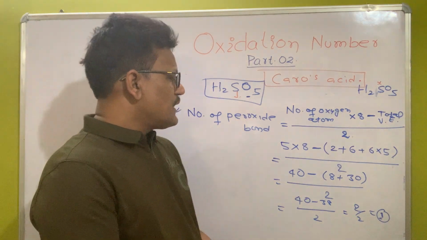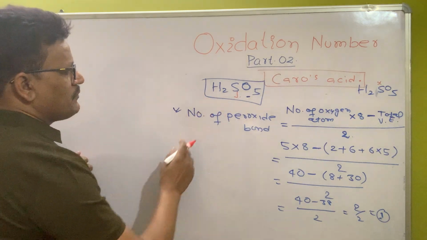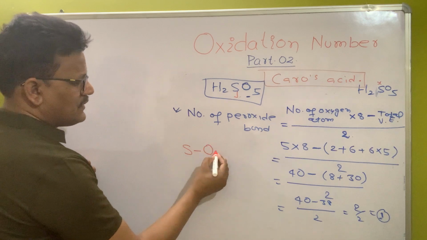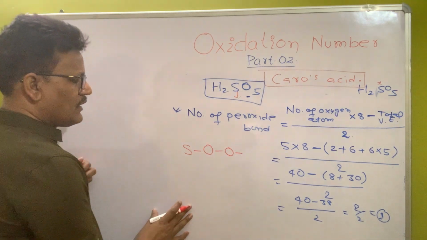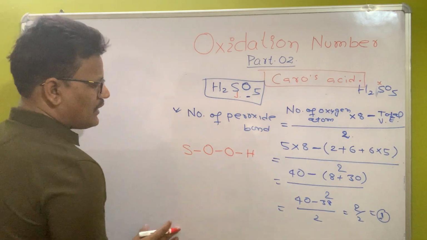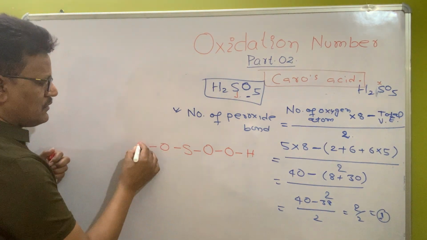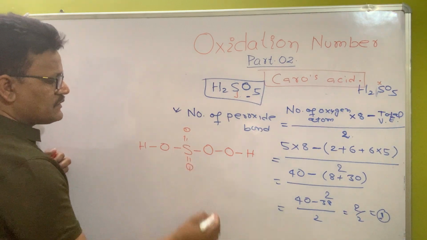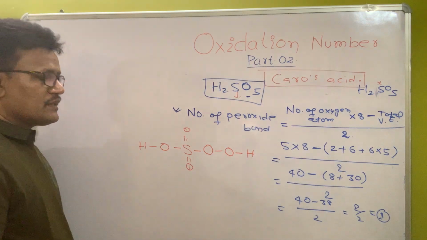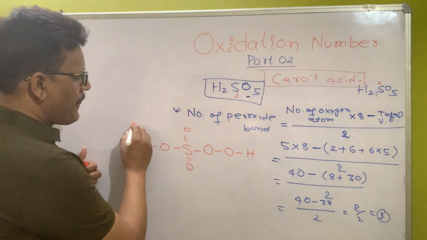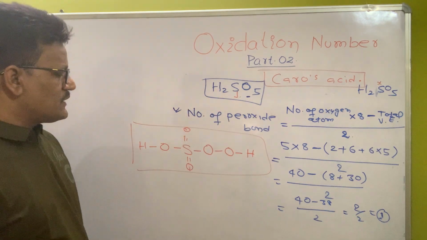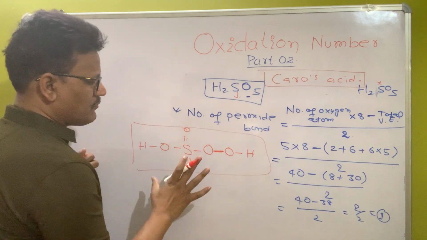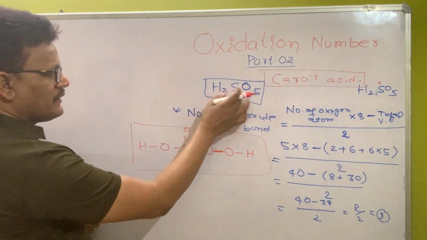So the structure would be sulfur, oxygen, and we have 1 peroxide bond, and we have hydrogen, and this is the structure of Caro's acid or H2SO5. So it has mono peroxide bond, 1 peroxide bond in H2SO5.